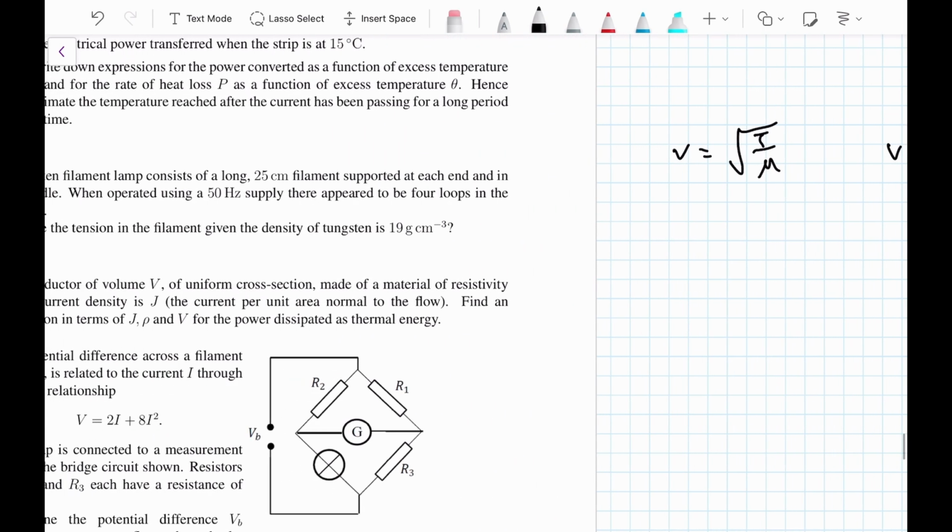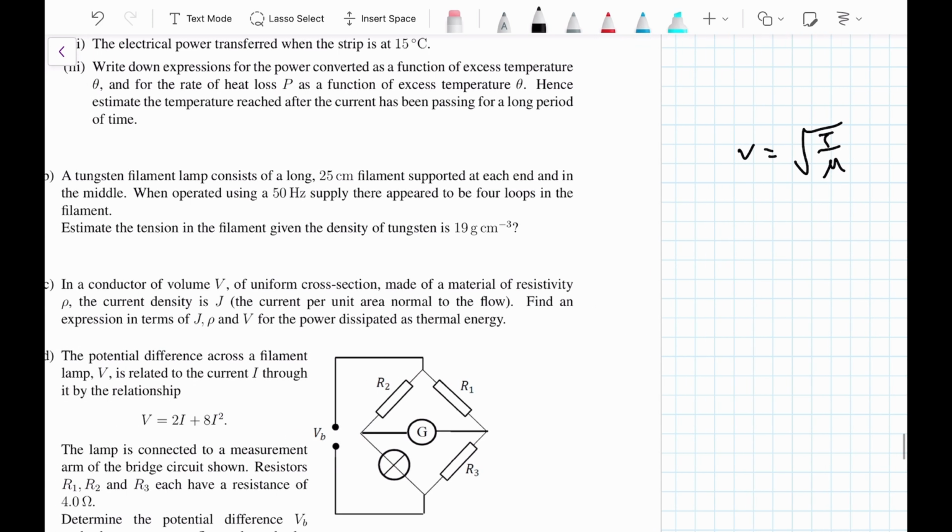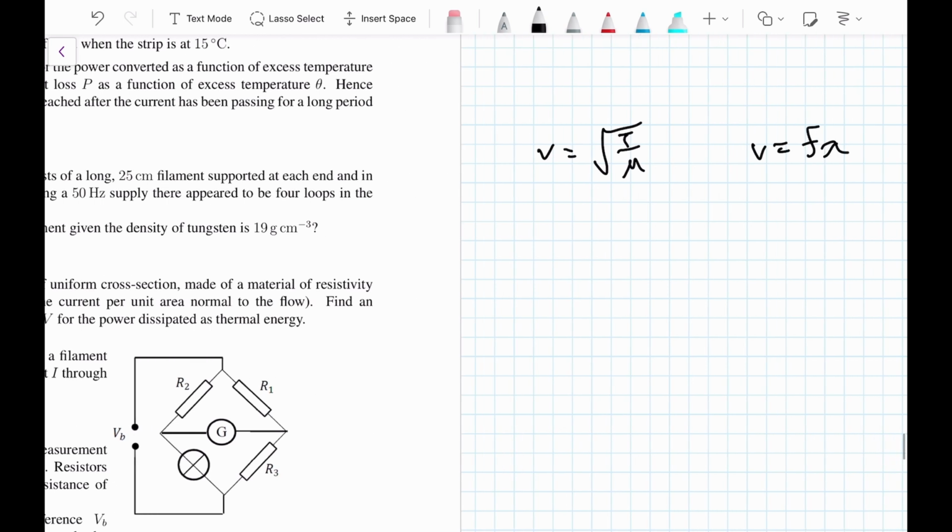Okay, so we have to quantify the linear density. In this case, we are only given the length and the density. Linear density should be equal to the density multiplied by the volume divided by length, which is basically the density multiplied by the area.